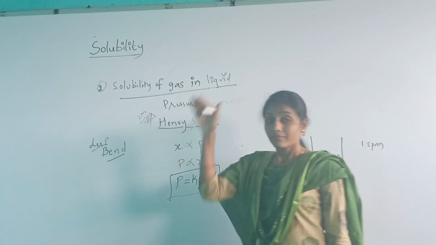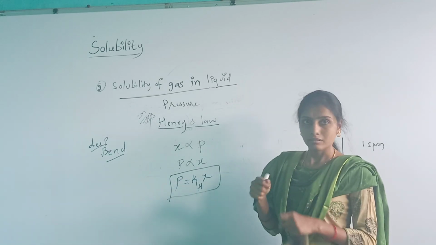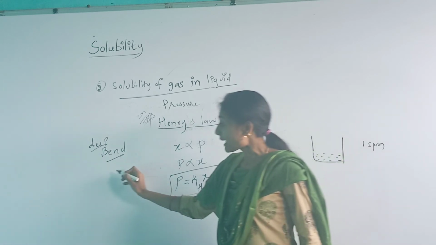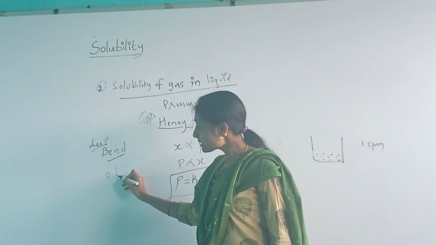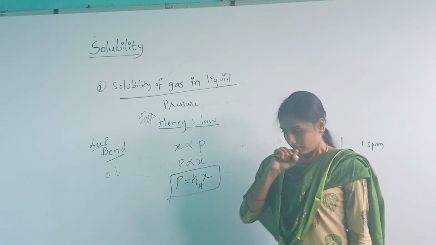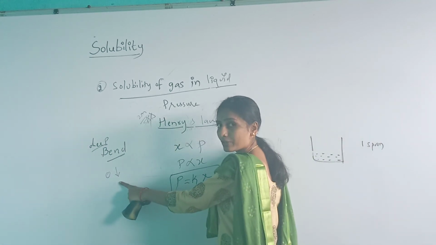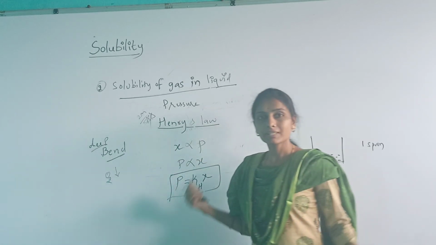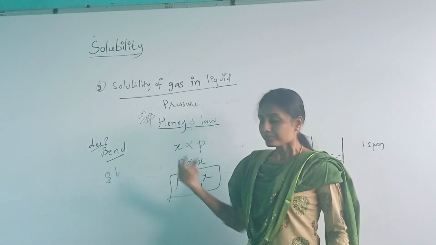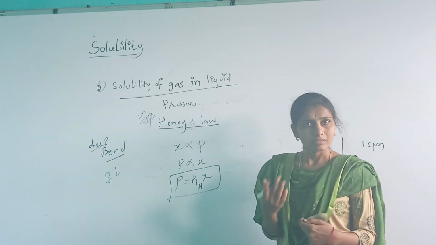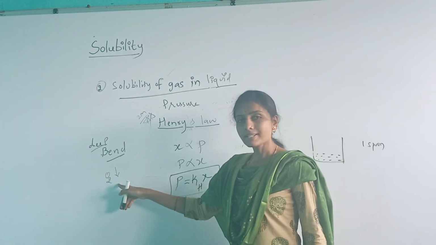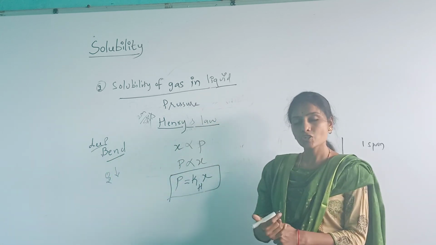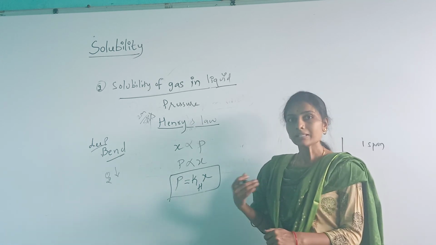But one more case, you can see, high altitudes. Mountain climbers carry an oxygen cylinder. Why? Because at higher altitudes, the concentration of O2 is less. So, we want more amount of O2 to respire, right? Once the person climbs up, the concentration of O2 will be decreasing in the tissues.